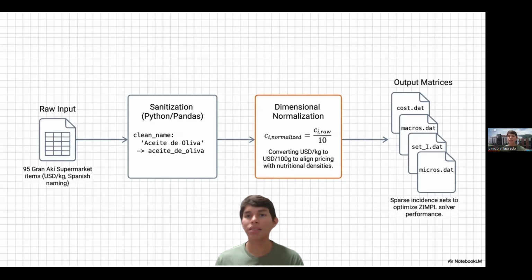And finally, I got the output matrices: the cost matrix, the set I that contains all the elements, and the macros matrix, which is like pairs of elements and the macronutrients they have.